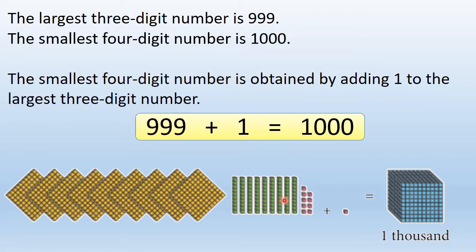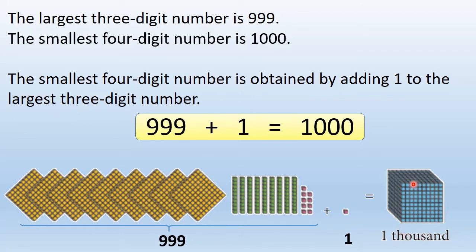All the three together, 999. This represents 900, and these lines of beads represent the number 90, and these ones represent 9. So altogether these represent the number 999, and here we have one bead. 999 plus 1 is equal to 1000.